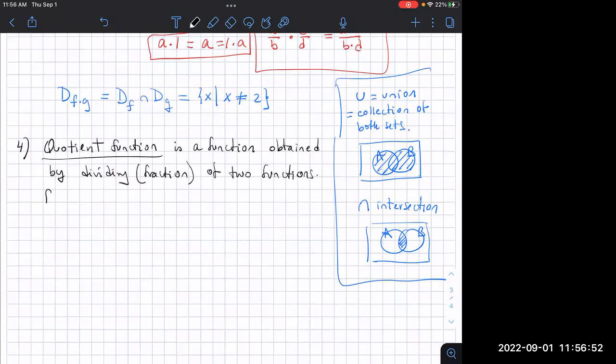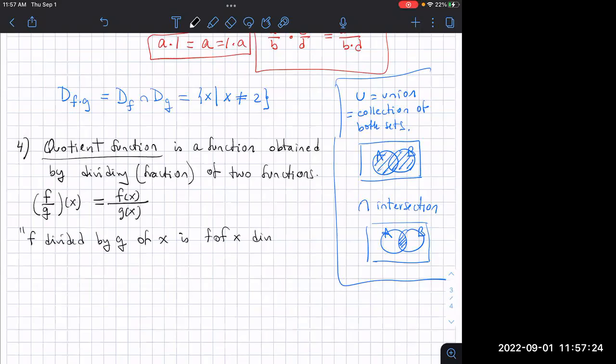The notation is you make a fraction with f and g, and then you put the x at the end. So f divided by g of x will be f of x divided by g of x. We read it as f divided by g of x is f of x over g of x.